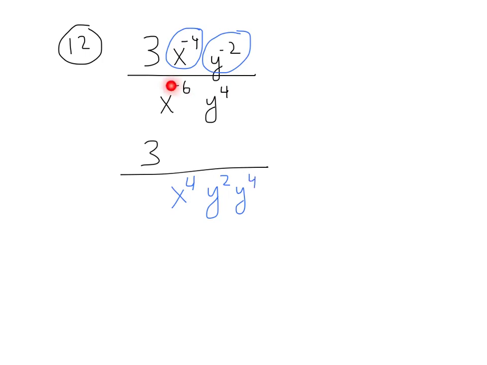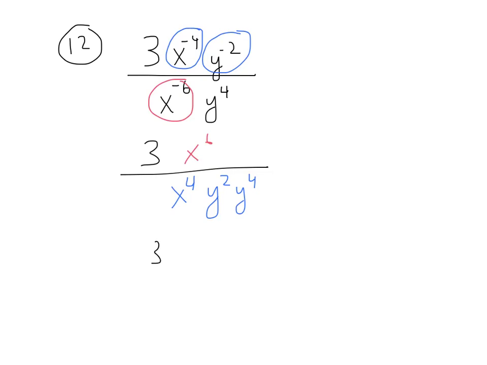What about this x to the negative sixth? Well, if I'm dividing by this, right, that really means that it's going to end up being on the top. Okay, so x to the negative 6 on the bottom is the same thing as having x to the positive 6 on the top. All right, so I would deal with your negative exponents first, and then let's simplify.